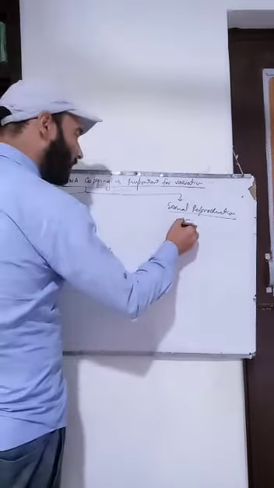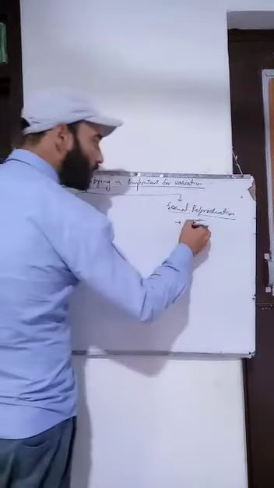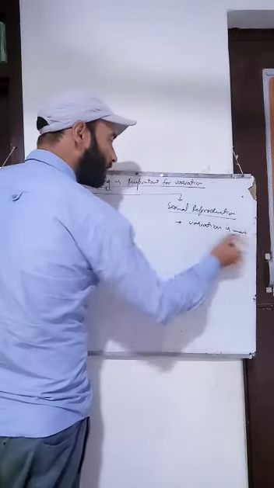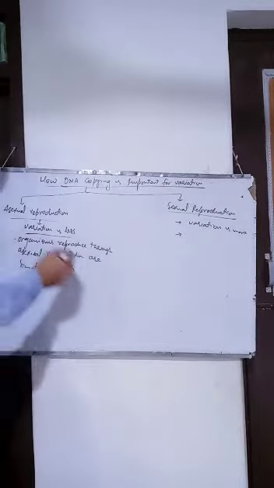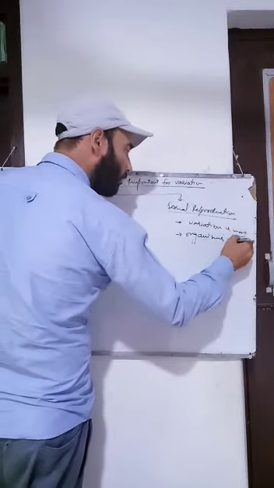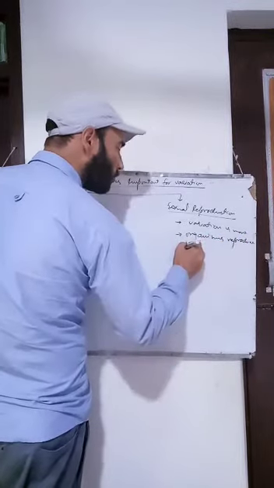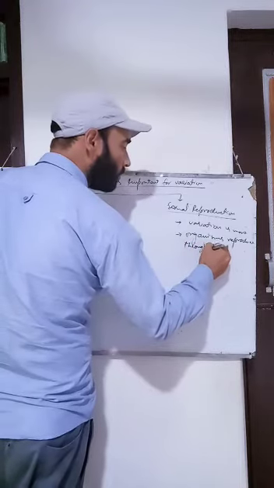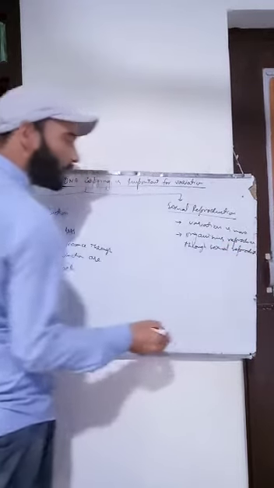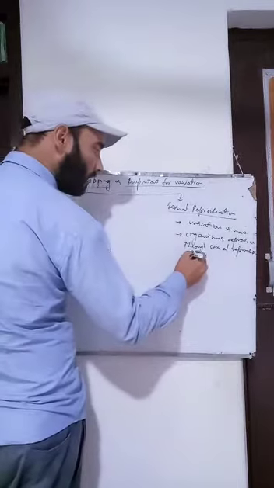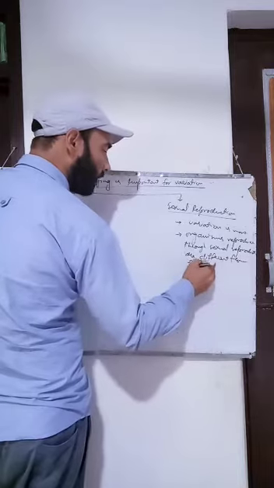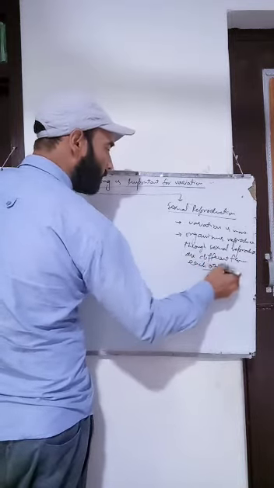But in case of sexual reproduction, the variation is more. Organisms that reproduce through sexual reproduction are different from each other, that means they vary from each other.